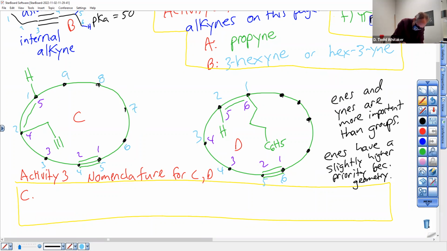So cyclo, I like that. Cyclo, careful. Non. What's alphabetically first, ene or yne? Yeah, so ene first. And then yne. Baby blue says 1-ene, 4-yne.